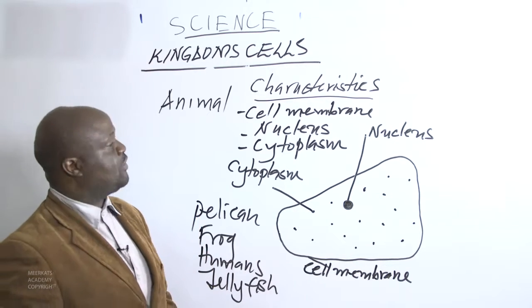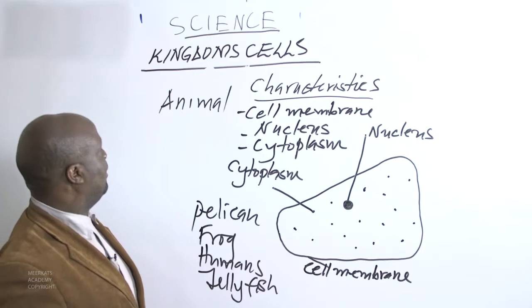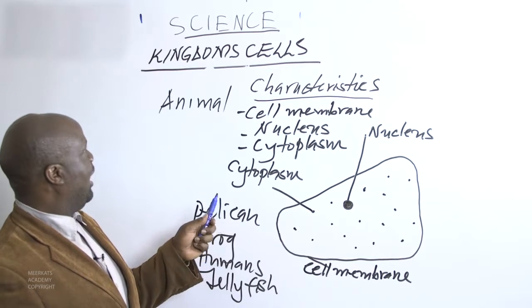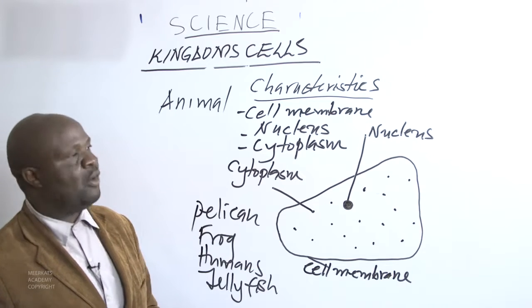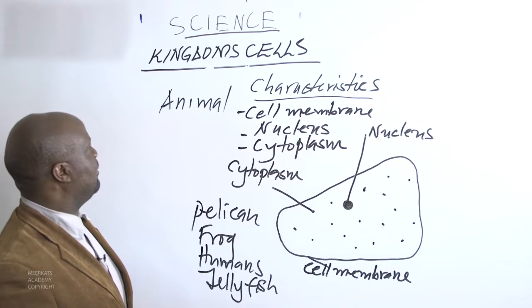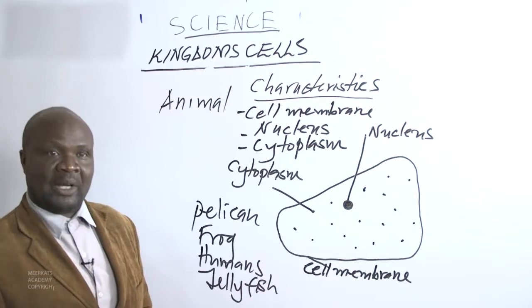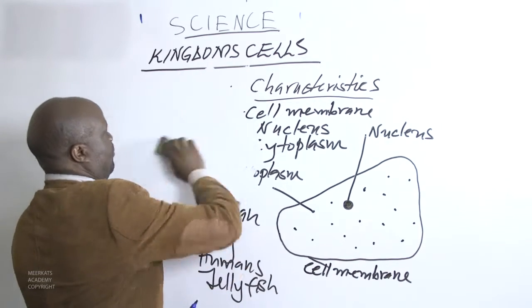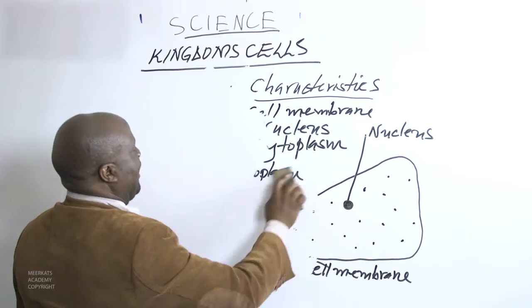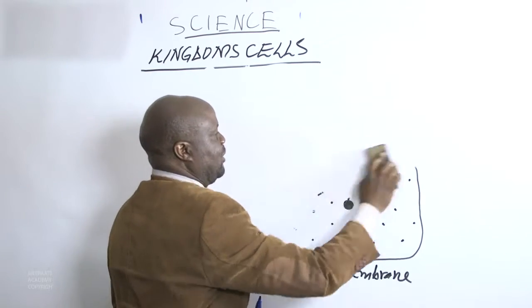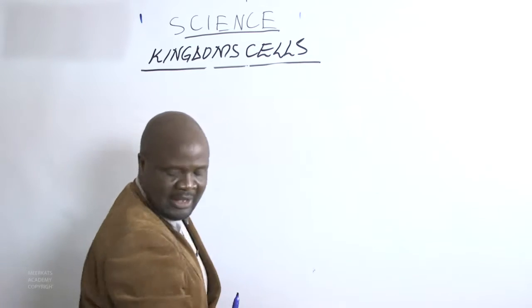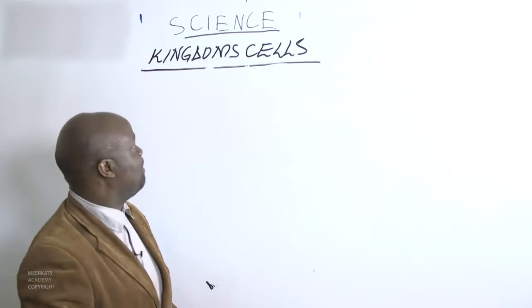Now we have seen the nature of an animal cell. We want to see the structure of a plant cell. How does a plant cell look? What are the differences between a plant cell and an animal cell?